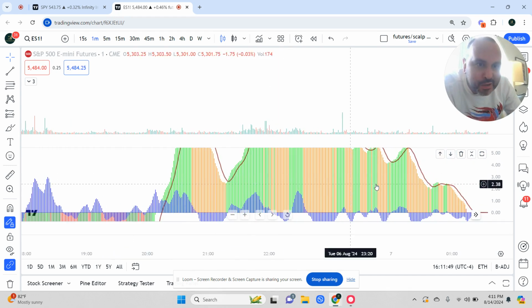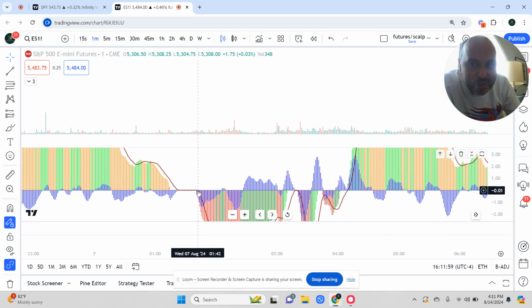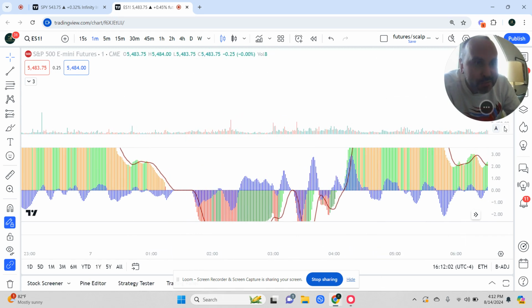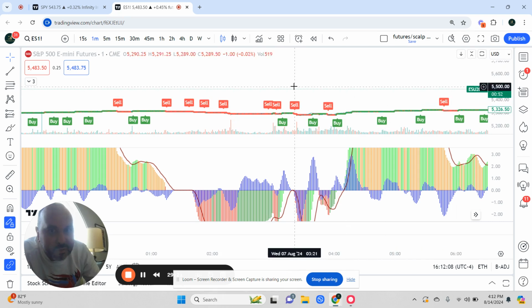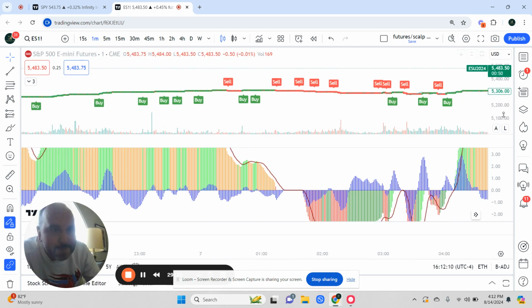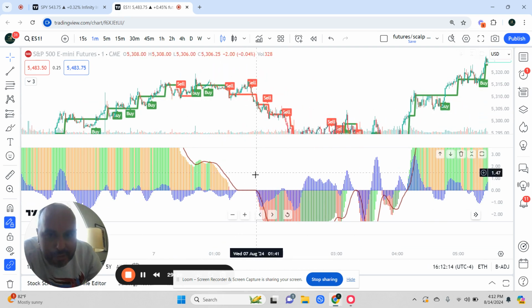So if it's breaking here, let me go back and find it. Here's one. If it's breaking to the downside, obviously you're not going to play calls, so you would look to play puts. Let me find this price action here. Here, again, we're flat.